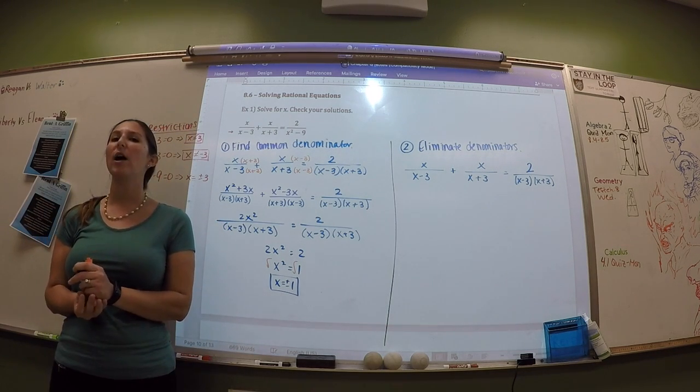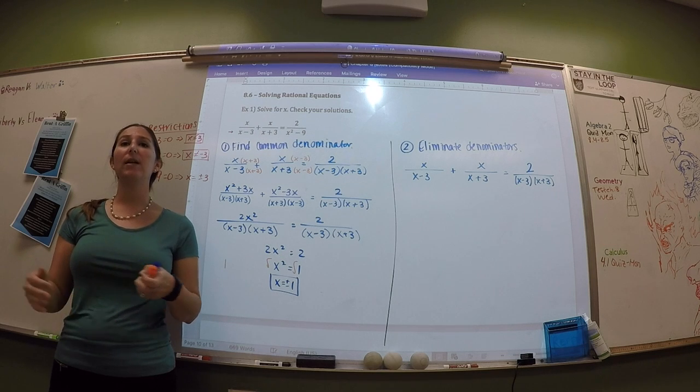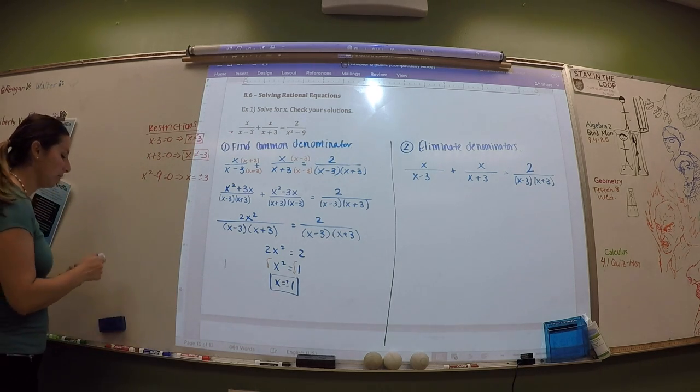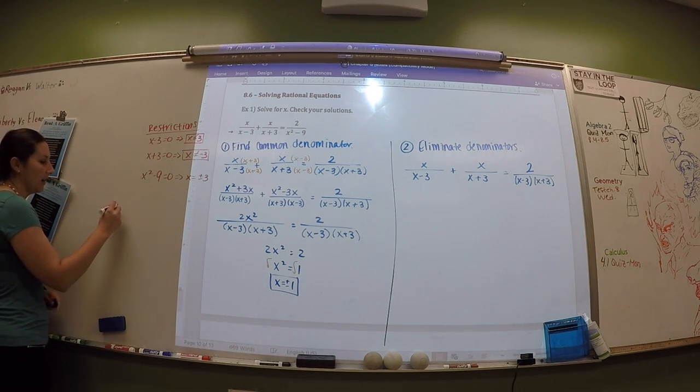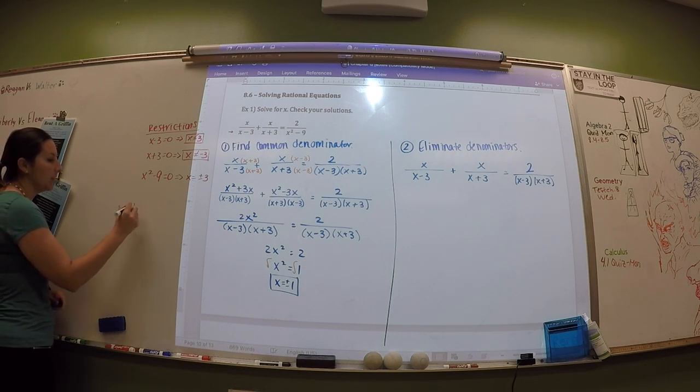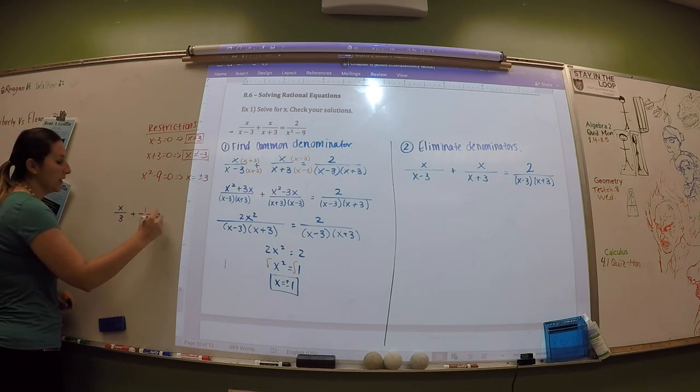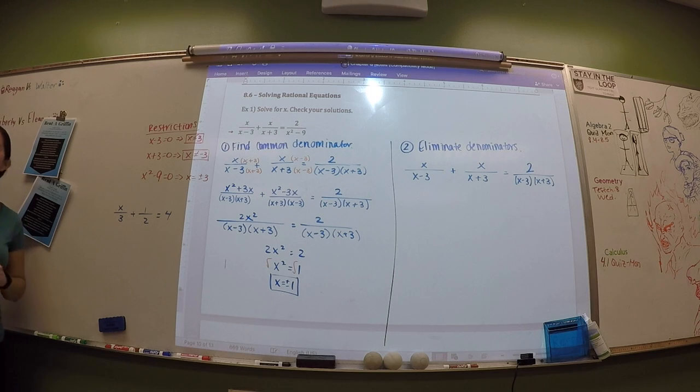Alright, so in order to eliminate the denominators, let me give you a side note example. If I had x over 3 plus 1 over 2 equals 4, in order to eliminate the denominators completely, you can multiply by what would have been your common denominator, the thing that the denominators all go into.